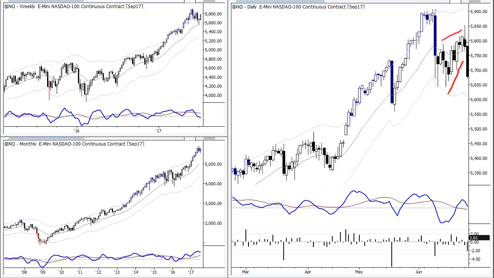Call this whatever you will, wedge, pennant, flag, depending on your chart reading background. You may have different names for this, and that's fine. We also notice momentum rolls over here. That's a confirming factor, though I would not consider it a primary trade factor by any means.